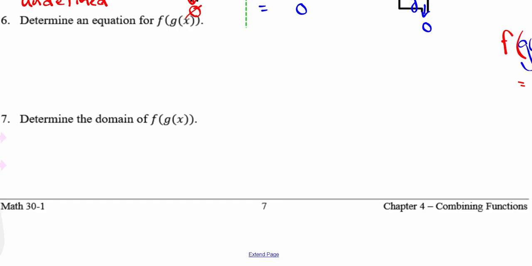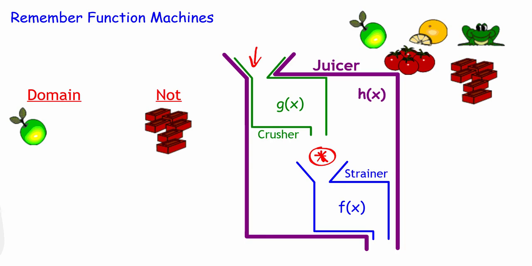So when we're looking for the domain of f of g of x, we need to look at two parts. We need to look at what's the domain of g of x to begin with. And again, if I come back to this function machine, I need to look at what is acceptable input that can come in at the top of g of x.